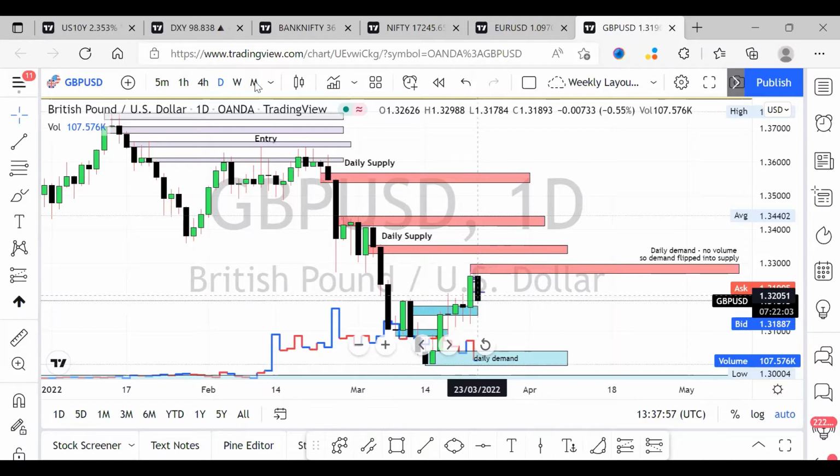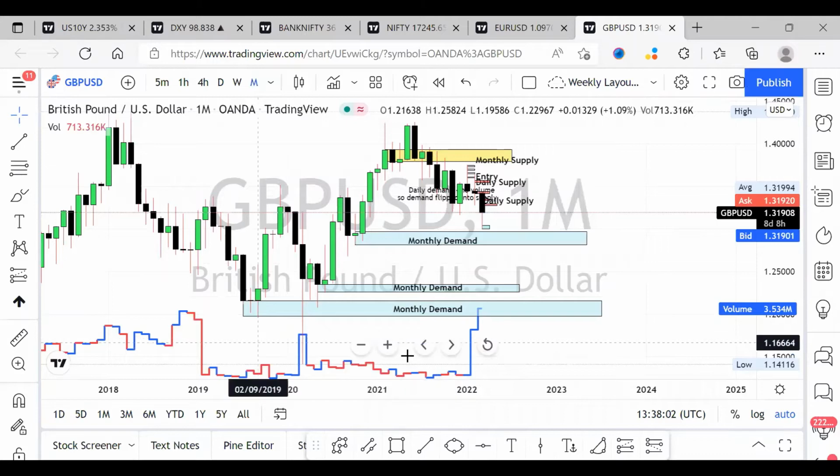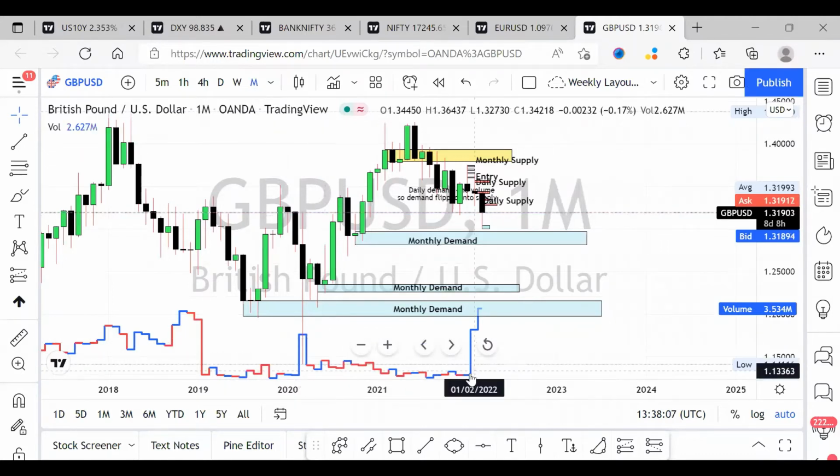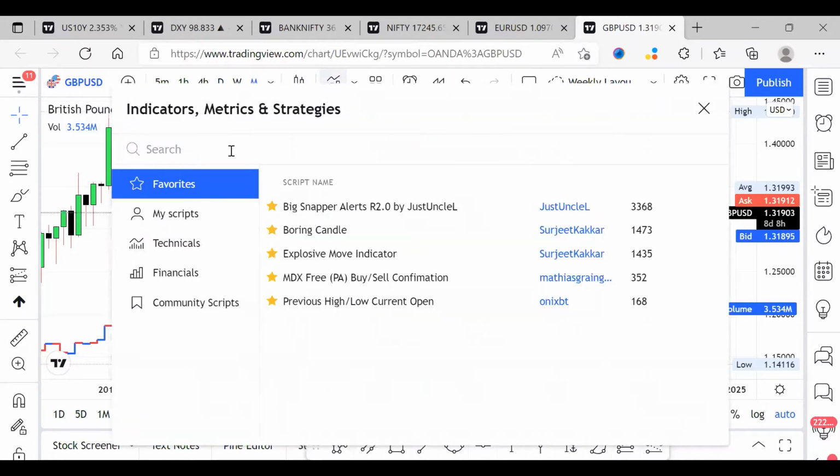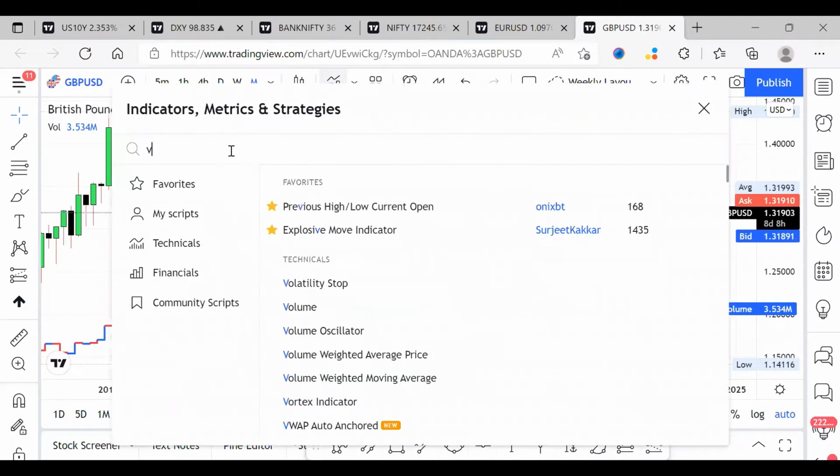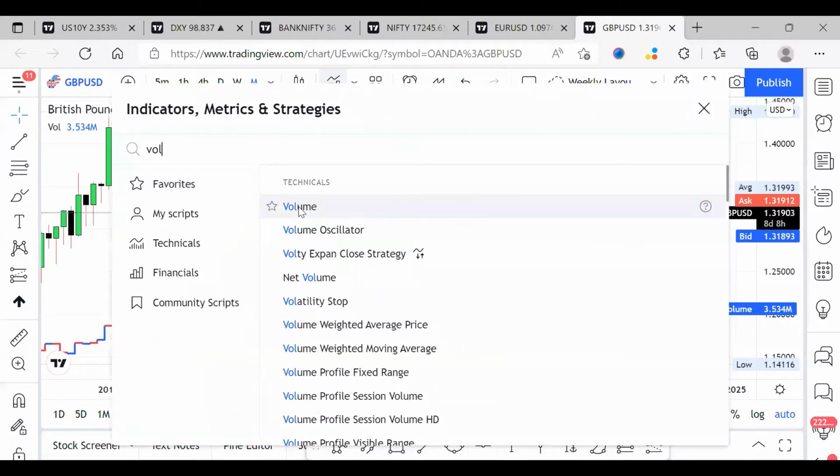So if we now look from the monthly point of view, especially the bottom indicator, the bottom indicator is all about volume. It's a volume indicator. The way I got this is I went onto the indicators and I just typed in volume, the very first one.